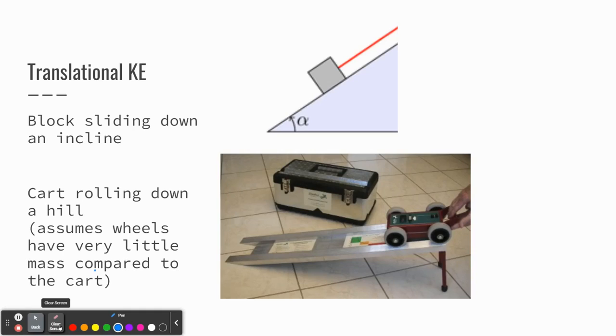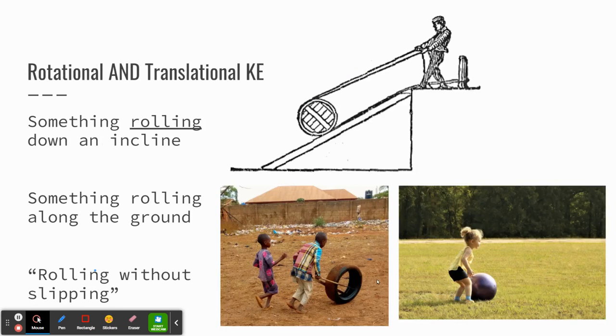Translational kinetic energy, this is just an example of that. You're going to have a cart rolling down a hill. And so a lot of times you'll notice, and especially going back, you'll notice that you had like a box or a block or a car going down a hill. And now what you're going to notice is that we are going to have something rolling down the hill.